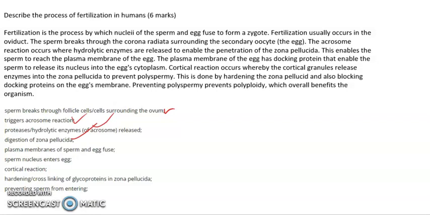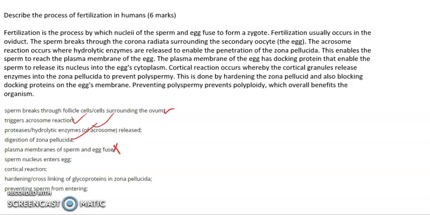And the plasma membrane of the egg has docking proteins that enable the sperm to release its nucleus into the egg's cytoplasm. I didn't really say the plasma membrane and sperm and egg fuse. A generous marker could give me that point for the docking protein, but let's not give me that point. Cortical reaction. Where were we up to?